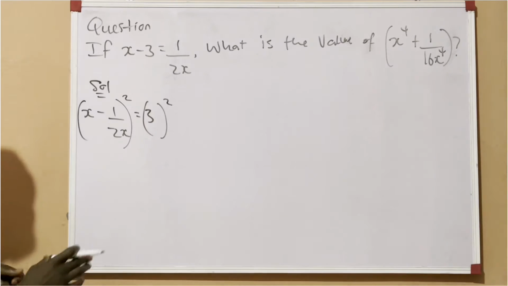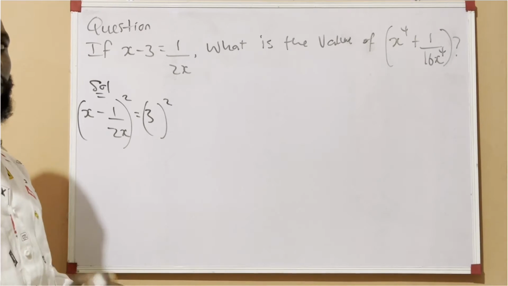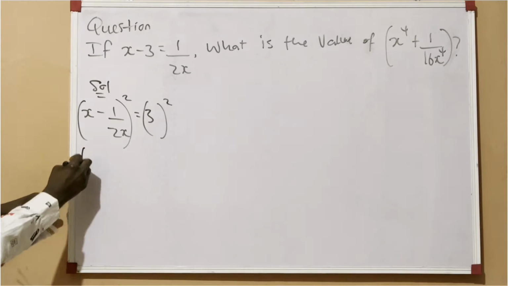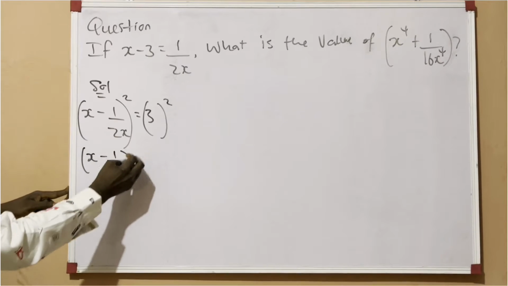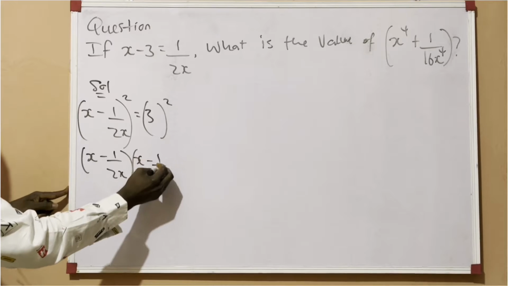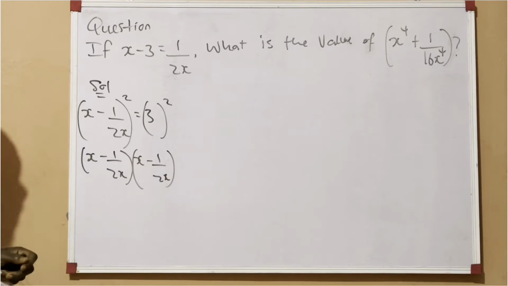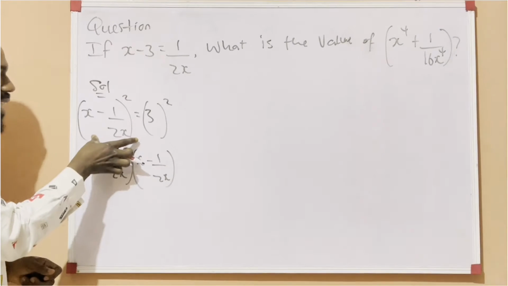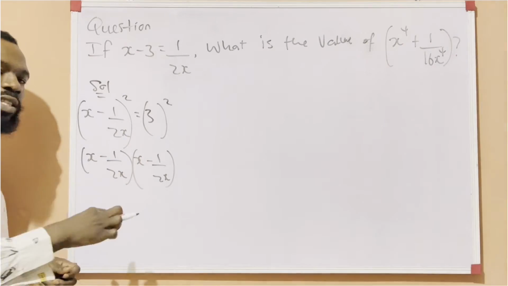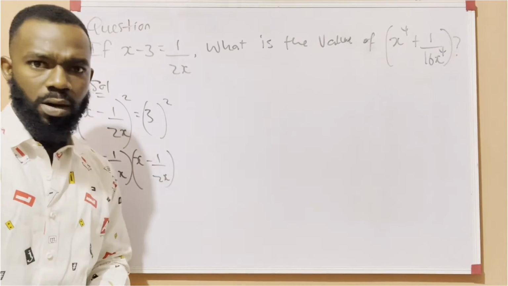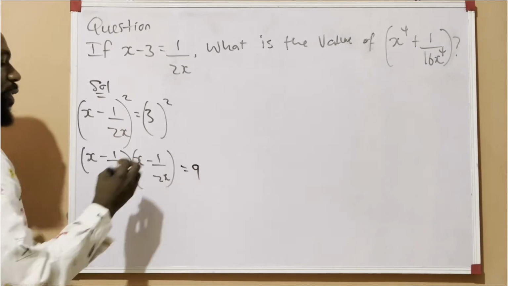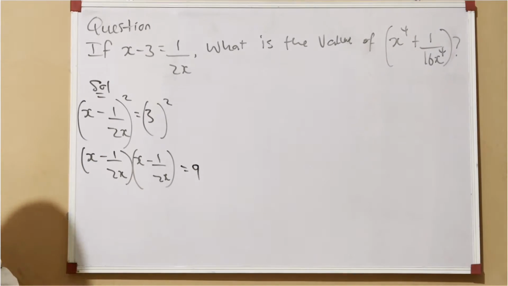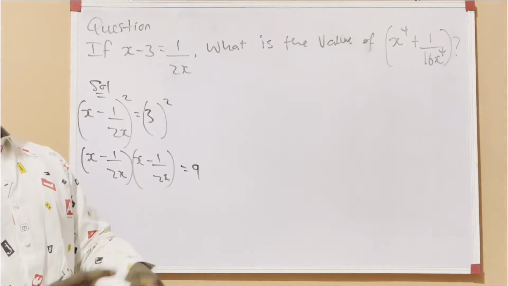Now, when you say x minus 1 over 2x raised to the power of 2, it simply means this: x minus 1 over 2x and another x minus 1 over 2x. Are you with me? Because why? The square shows that x minus 1 over 2x appears 2 times. Now here becomes 3 raised to the power 2, and 3 raised to the power 2 gives us 9, because 3 raised to the power 2 means 3 times 3, according to the law of indices.